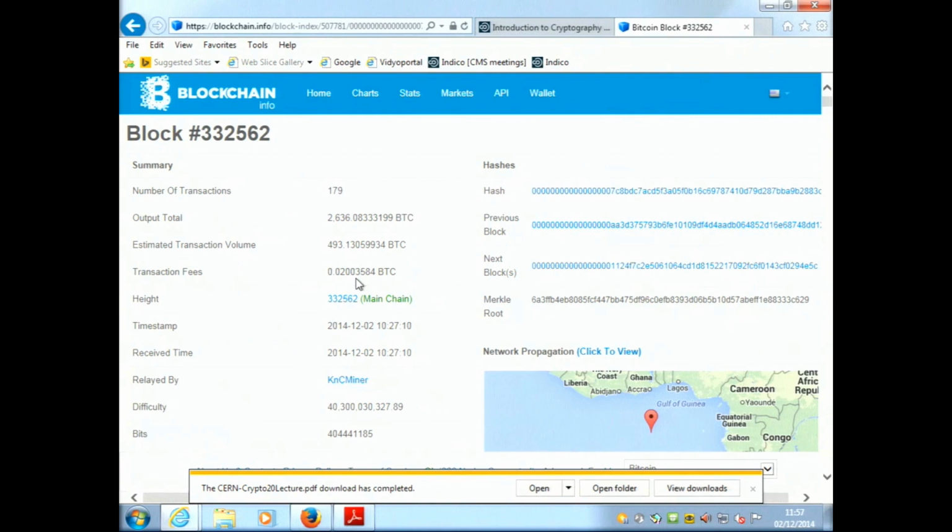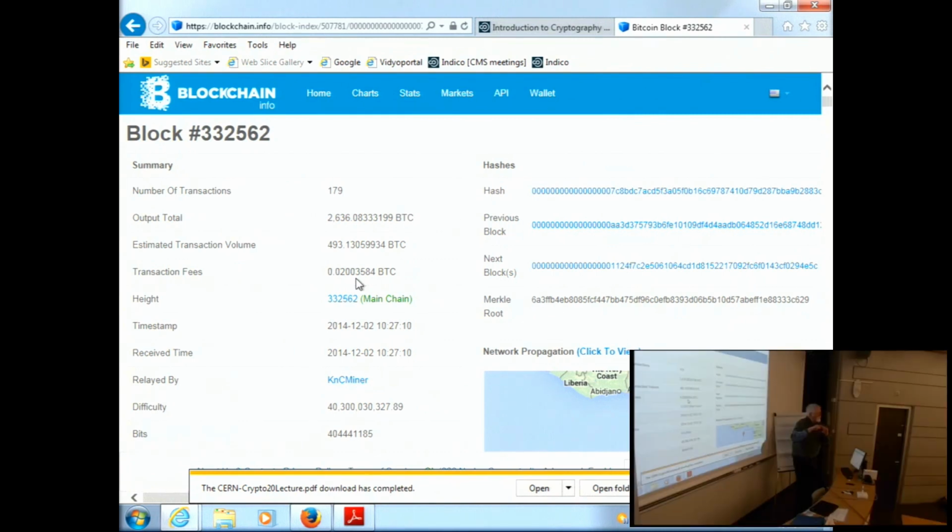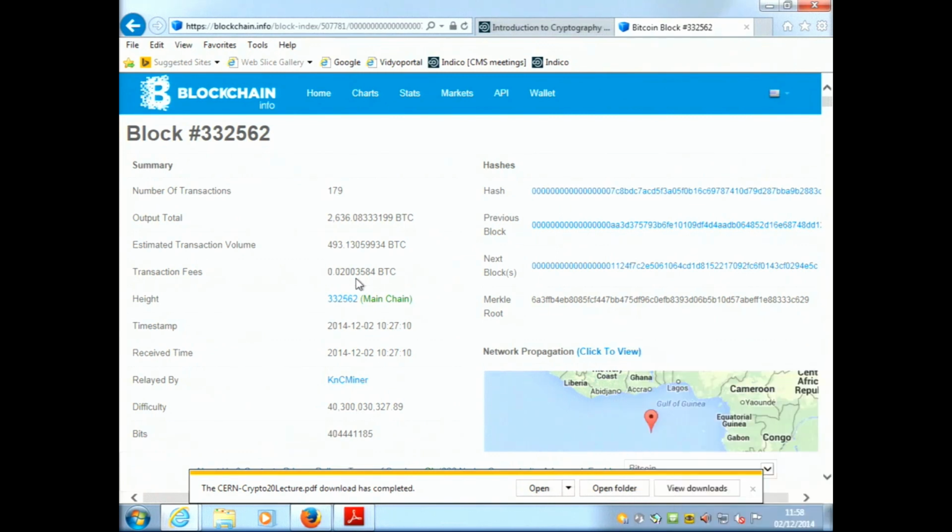So if you have a little transaction fee in your transaction, that encourages a miner to put your transaction in a block when they're doing the mining. Now, the reason it's called mining is if they are successful in coming up with the correct hash, they get 25 Bitcoins. Well, think, 25 times 300 euros. Not an insignificant amount.